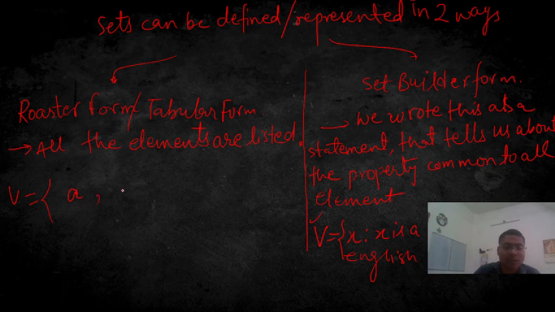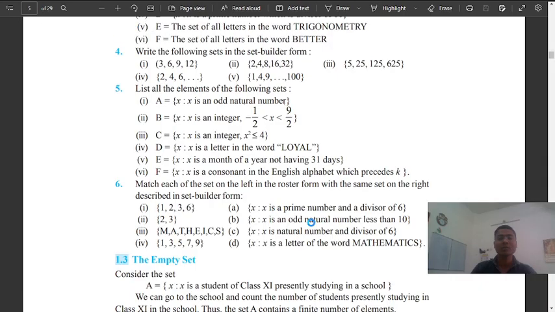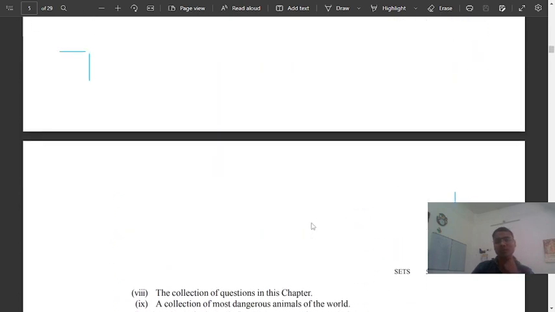So vowels are A, E, I, O, and U. Here you list the elements separately, and there you write the common property as a statement. I hope you got the difference between these two forms of representing a set.